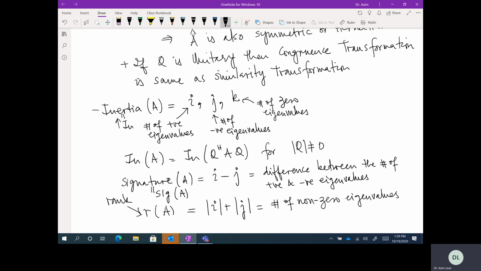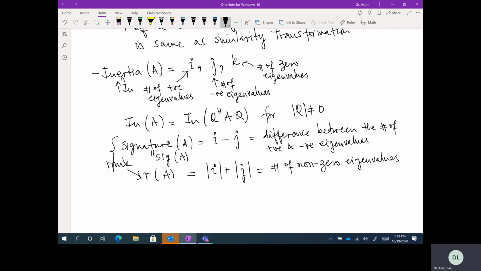And these two, the signature and the rank, are preserved under a congruence transformation.